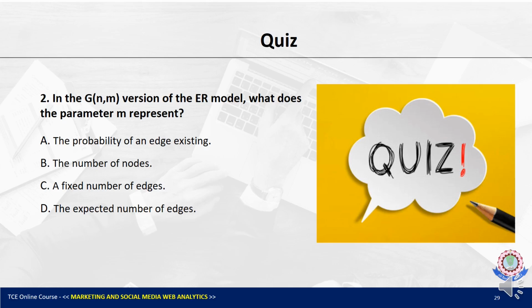The question asks, what does the parameter M represent? The options are probability of an edge, number of nodes, a fixed number of edges, expected number of edges. And the answer is a fixed number of edges. G of N,M literally means choose M random edges.